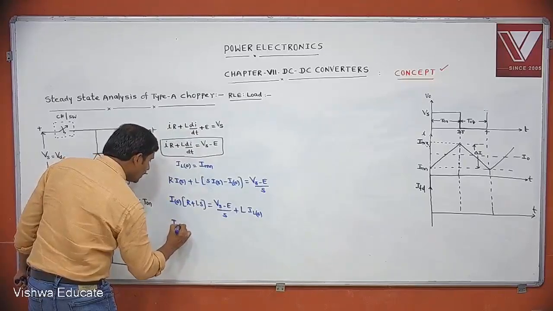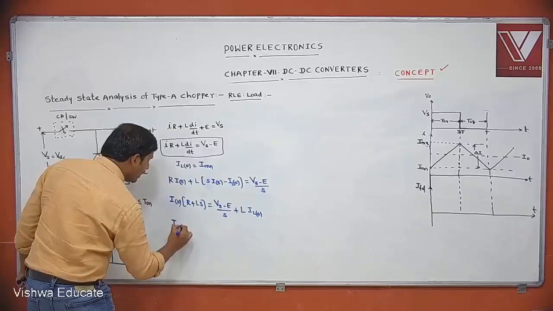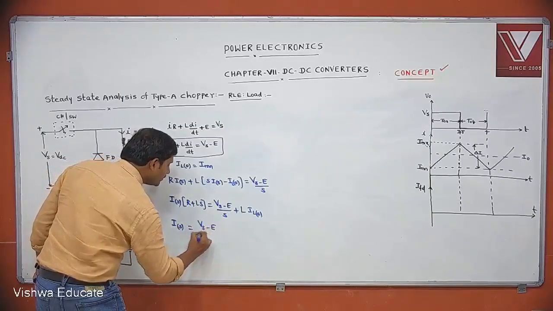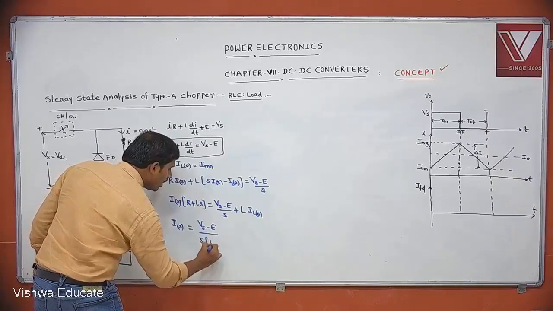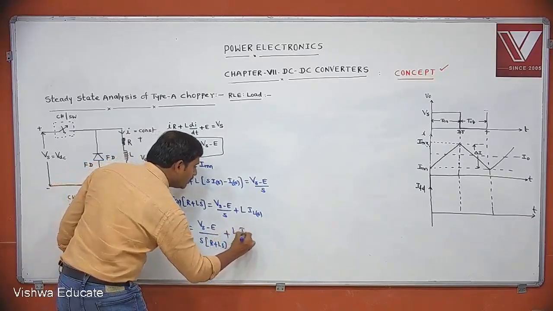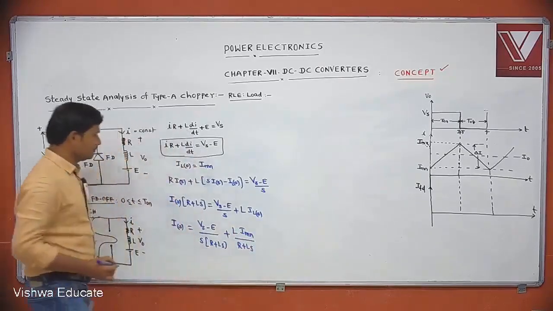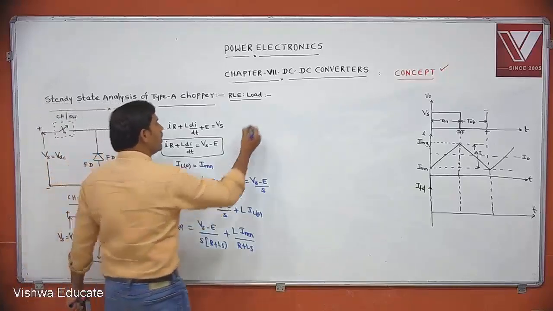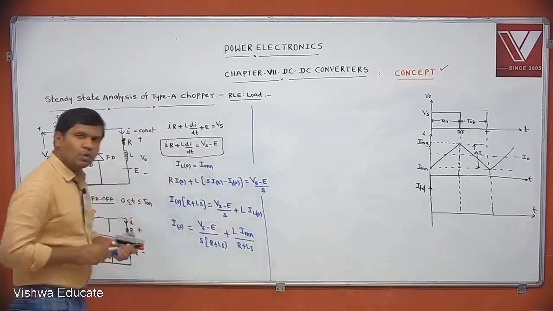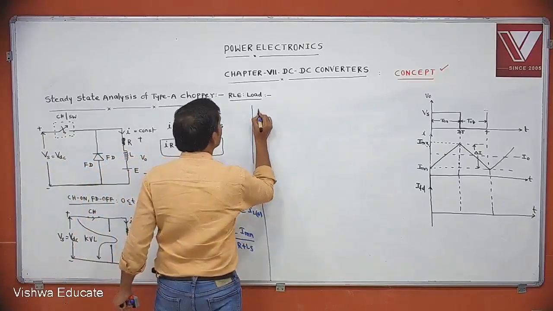Then I of s equals Vs minus E by s into R plus Ls, plus L into I minima by R plus Ls. I'm solving for the I of t expression if the chopper is on. Shall we write it like this?